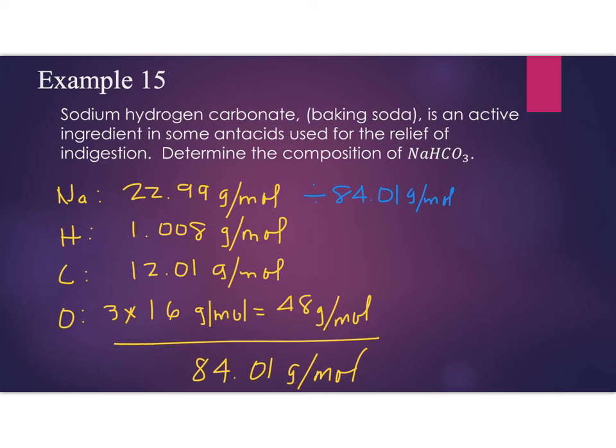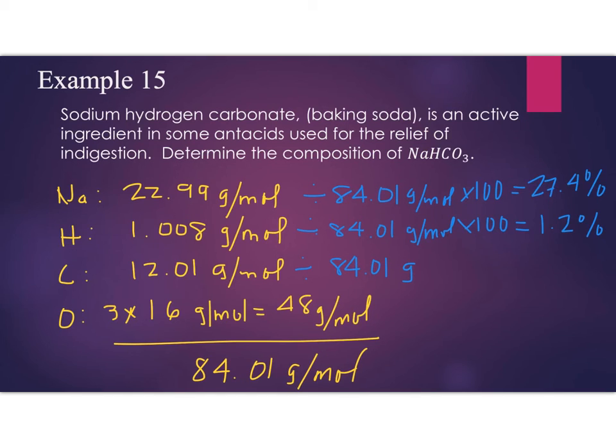And if I multiply that by 100, we end up with 27.4%. And I'm going to divide this one by the 84.01 grams per mole. Multiply that by 100, and we can see that this makes up 1.2%. And I'm just going to keep doing this for all of these.